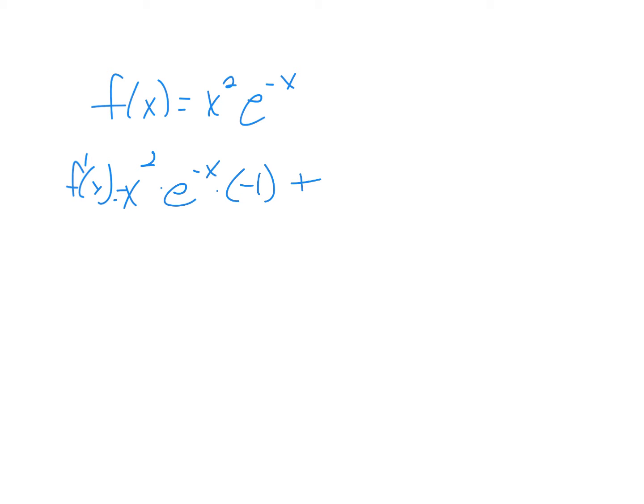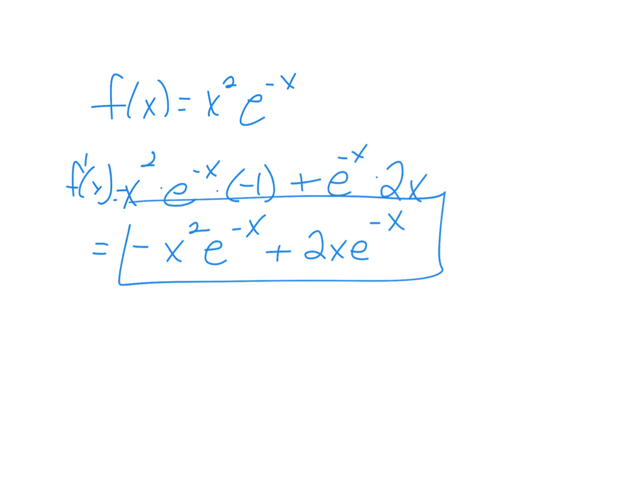Plus, e to the power of negative x stays the same. Then you multiply by the derivative of the first term, which is 2x. Let's make that look a little nicer. So I'm going to bring that negative up front. Negative x squared e to the power of negative x plus 2x e to the power of negative x. That is your solution.